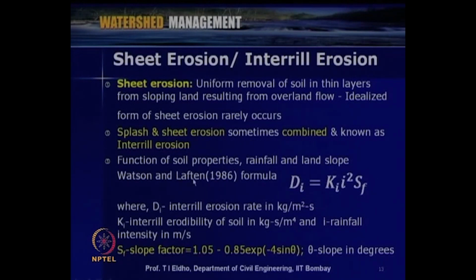Watson and Laflen derived an equation, Di is equal to K I square SF, where Di is the interrill erosion rate in kilogram per meter square second, K is the interrill erodibility of soil in kilogram seconds per meter to the power 4, and I is the rainfall intensity in meter per second. SF is the slope factor, defined as 1.05 minus 0.85 exponent minus 4 sin theta, where theta is the slope in degrees.